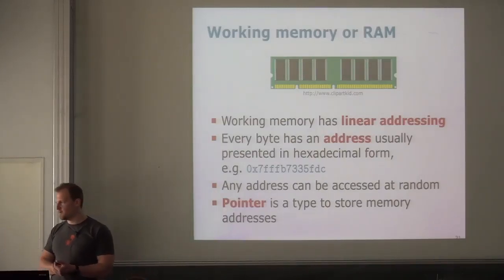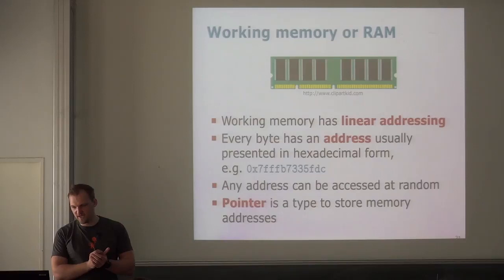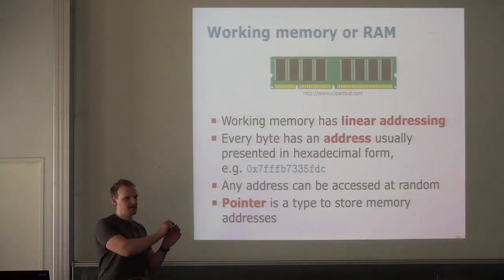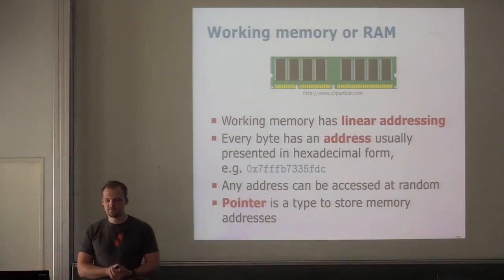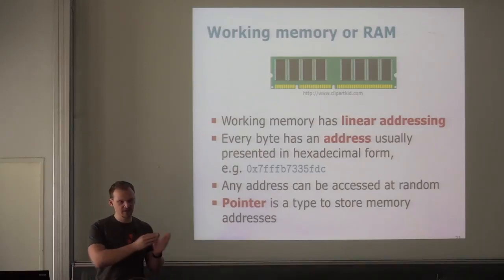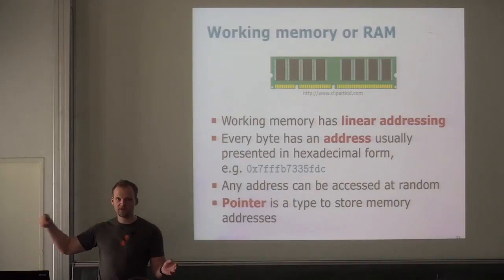And the memory, or the working memory which we're using, it has linear addressing. So it means that you can think of it as a single ribbon with boxes with bytes in it, and every byte has a number. And it's just a single, like, long ribbon with every box numbered, right?